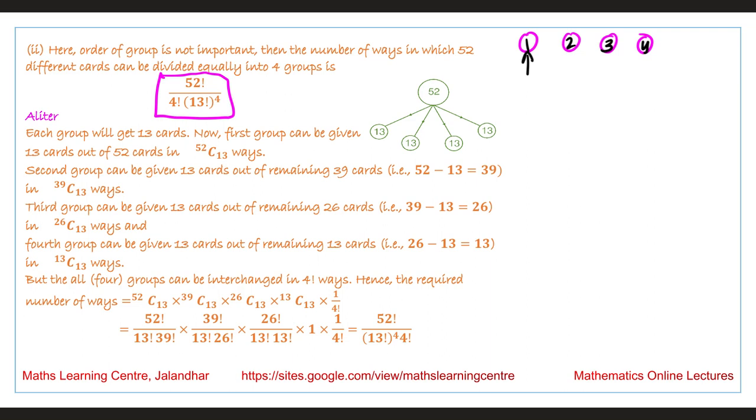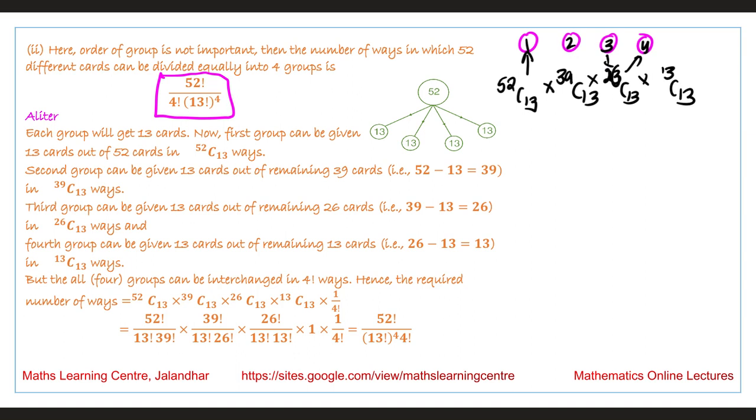So for the first case, the total number of cases is 52C13. Then we will have 39C13, then 26C13 and 13C13.